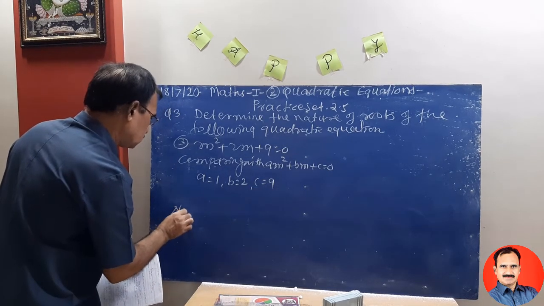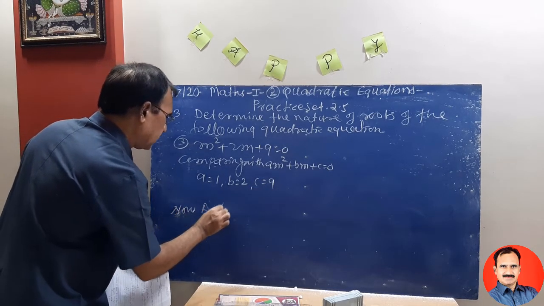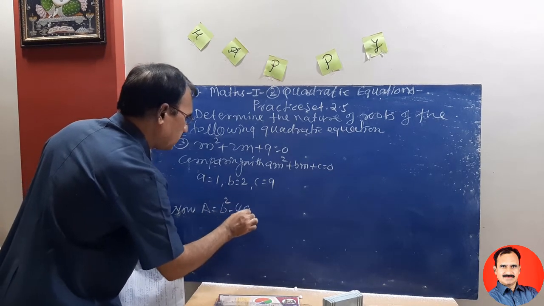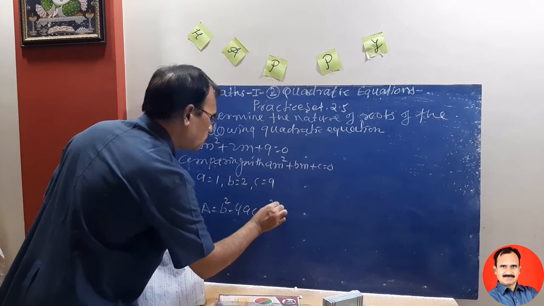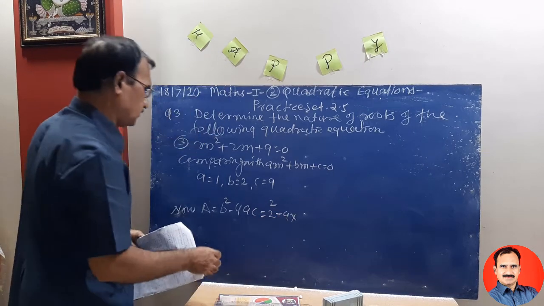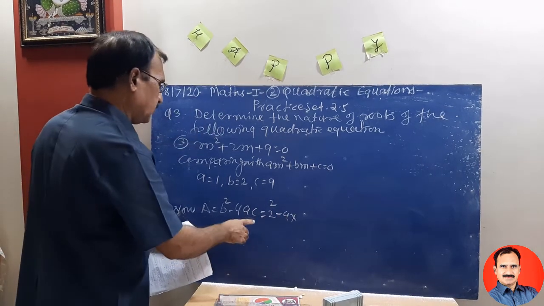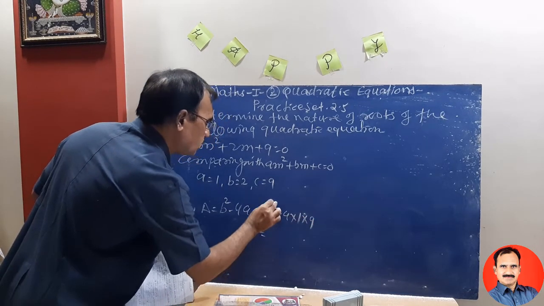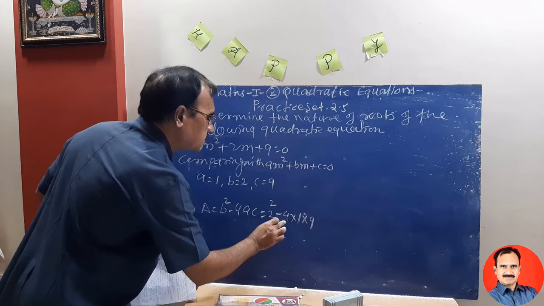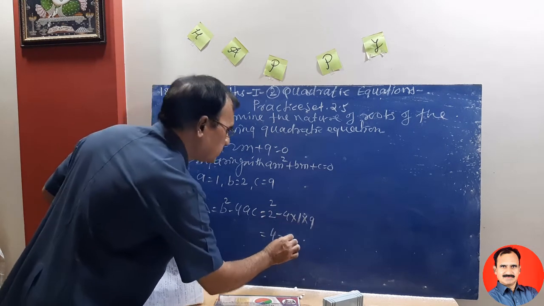Now delta is equal to b square minus 4ac, which is 2 square minus 4 into a is 1 into 9. Square of 2 is 4, minus 4 ones are 4 and 4 nines are 36.